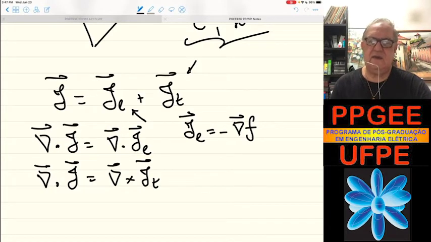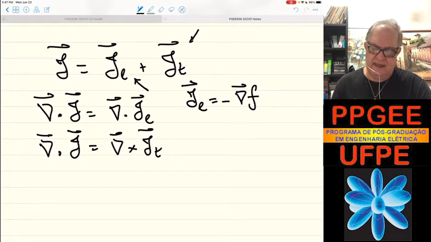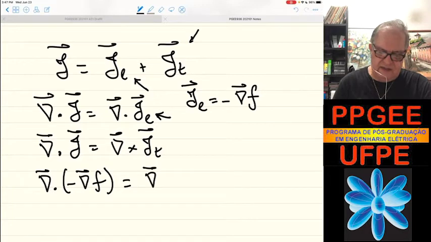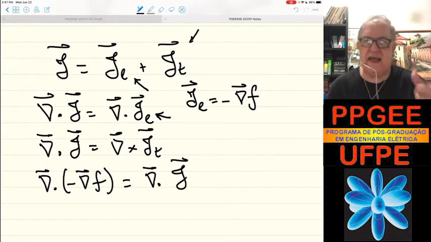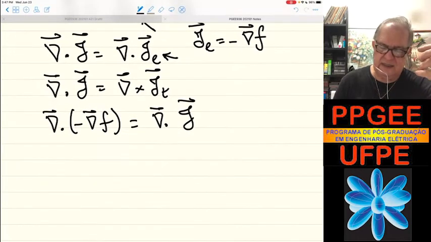It's an irrotational field, has zero curl. So if I do that, I go to this equation here. So I have divergence of minus gradient of f equals to the divergence of J. But recall that J is the one that's given. I know J, okay? So this is specified.